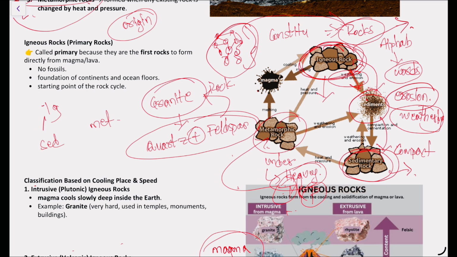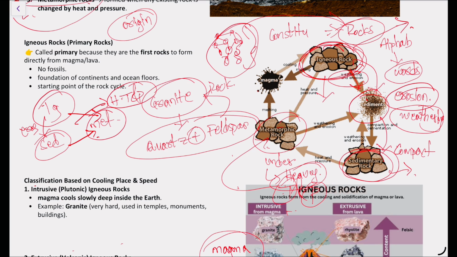When these igneous rocks undergo erosion or weathering, we can get the sedimentary rocks. And when these metamorphic rocks undergo subduction, we can again get the igneous rocks. So this is a continuous cycle.